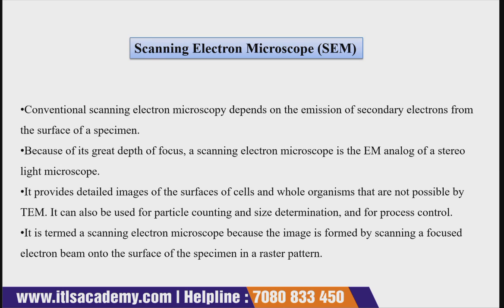So what does it do? It provides a detailed image of the surface of the cell and the whole organisms that is not possible by the TEM. So it can be used for particle counting and size determination, and for process control.